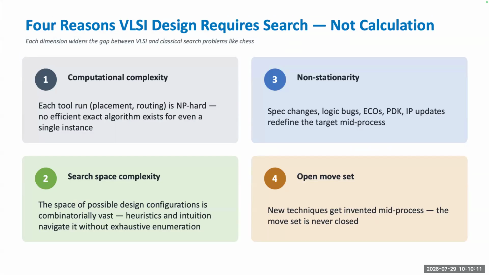So here's why VLSI, and there's probably more reasons. Here's the four I could think of. First, it is a real design problem. It's at the root, or the kernel, of the design flow. These tools have NP-hard problems to solve. They're extremely compute intensive.